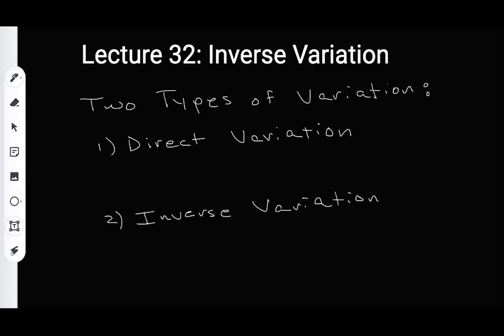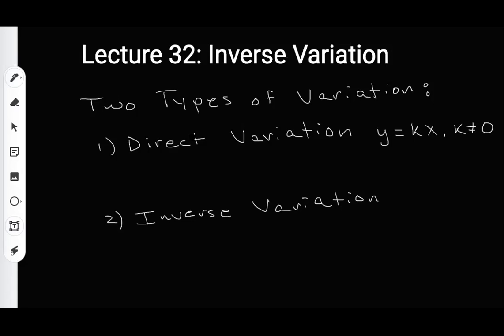So these two types of variation, they're modeled by different types of equations. So the direct variation is going to be modeled by the equation y equals k times x, where k cannot be equal to 0, because then you would just have y equals 0, right? So that's direct variation. That's the formula for it.